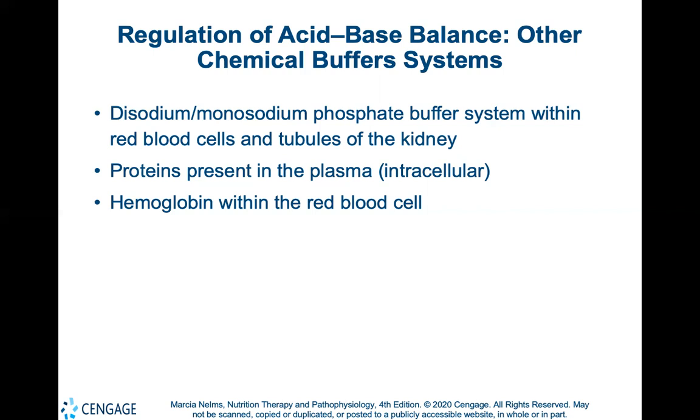The reaction is reversed as blood passes through the lungs and becomes oxygenated. Oxygenated hemoglobin gives up the hydrogen to bicarbonate, and thus carbonic acid is generated. Carbonic acid dissolves to carbon dioxide and water. Carbon dioxide is then expired via the lungs.